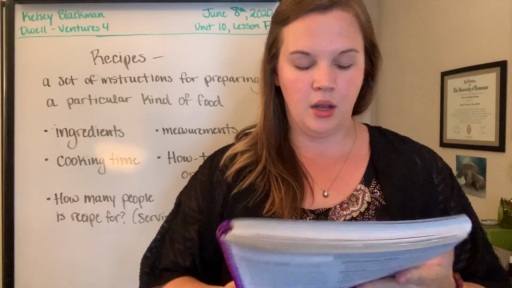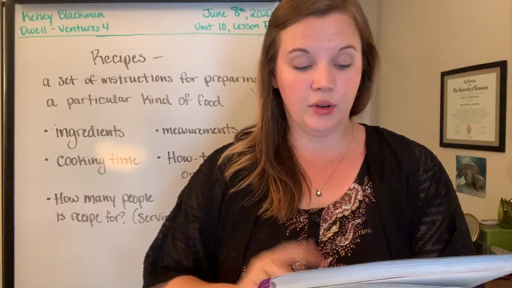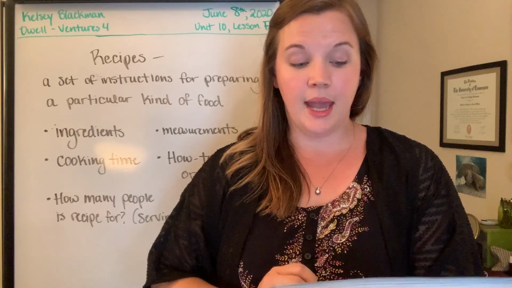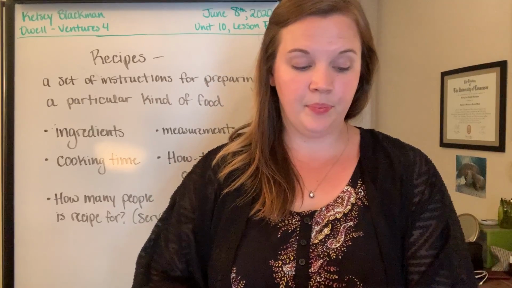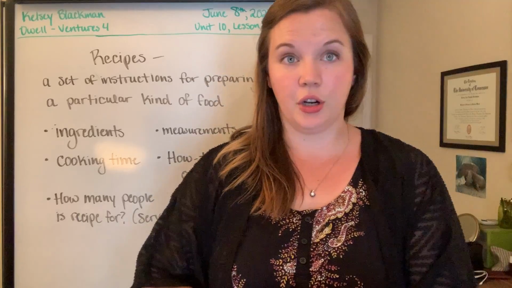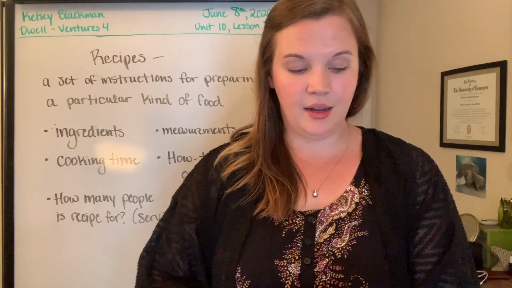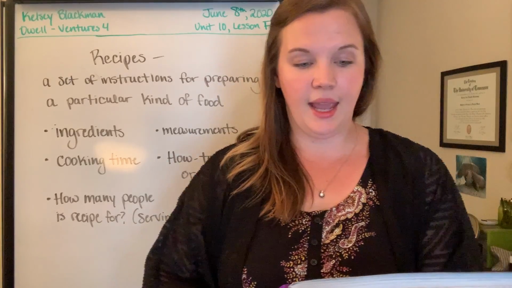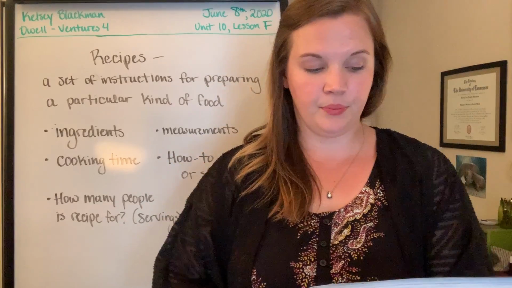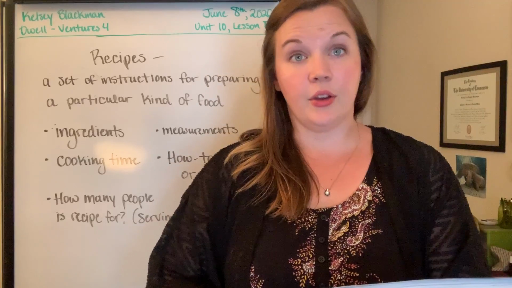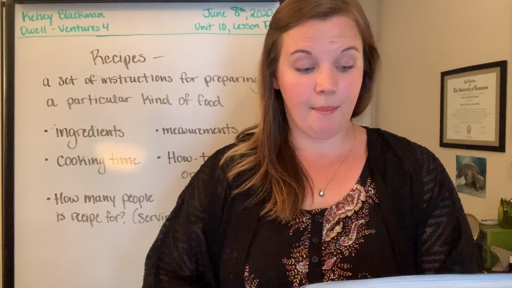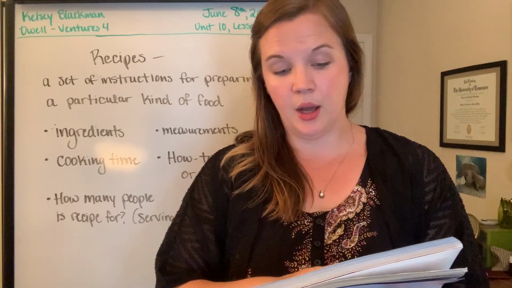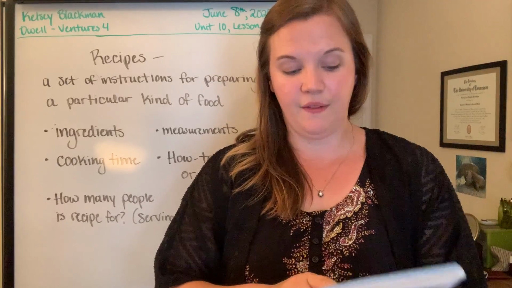Number 1, which ingredient do you need 1 cup of? A, heavy cream, B, sugar, C, vanilla, D, both A and B. The correct answer is D, both A and B. The recipe calls for 1 cup of sugar and 1 cup of heavy cream.